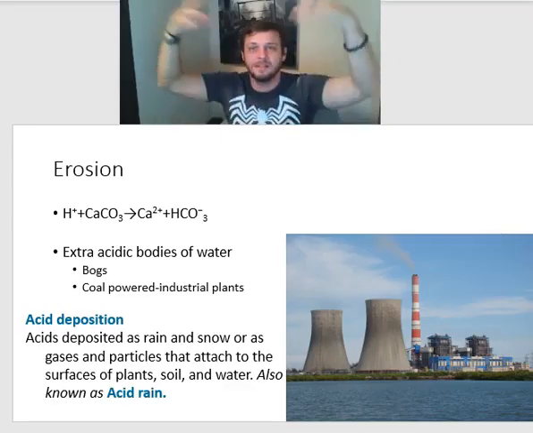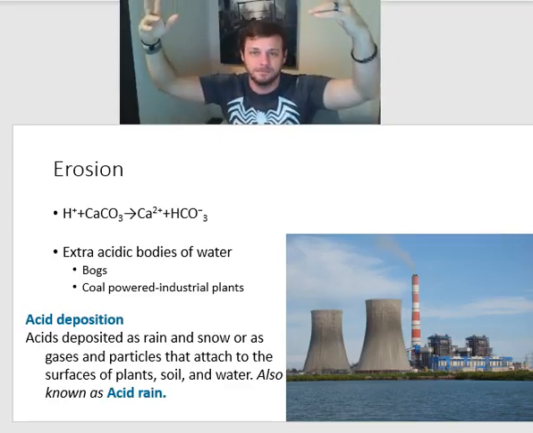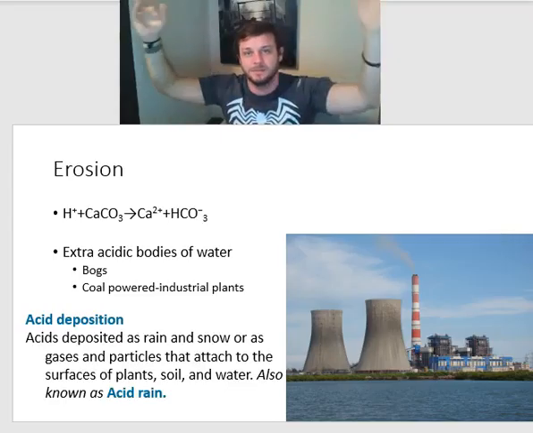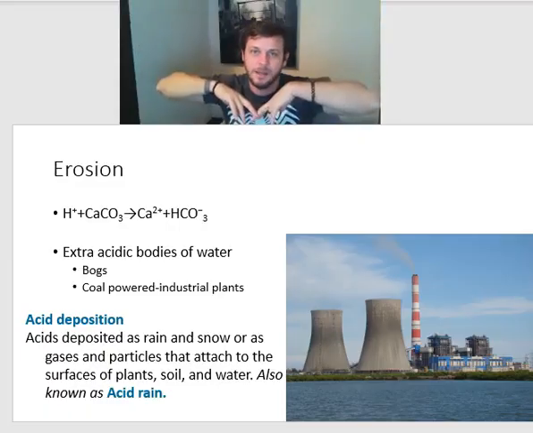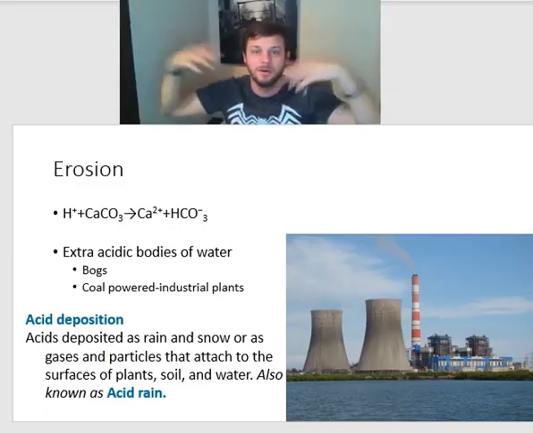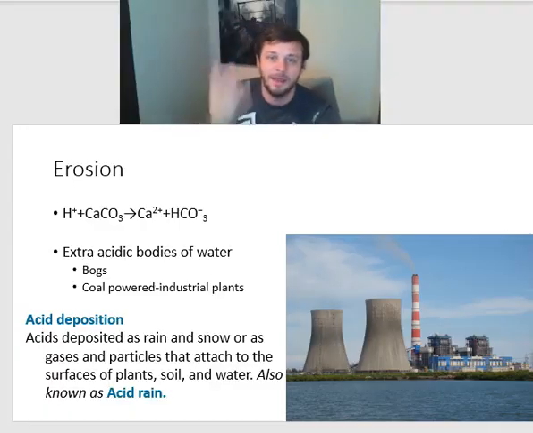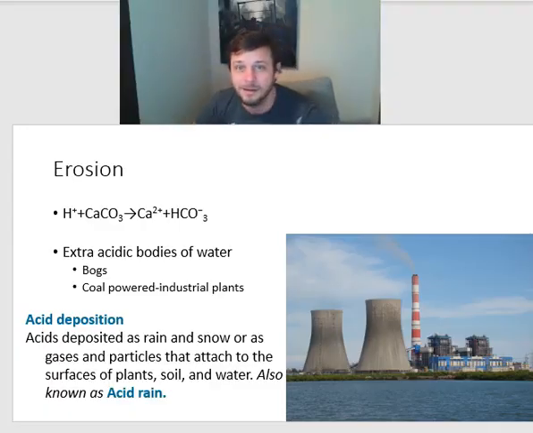So they're releasing this sulfuric acid, right, when it's in the air, and mixing with the water vapor, or this nitric acid. And then when it comes down, it's going to come down as really acidic water. And it destroyed a lot of stuff like statues and life.